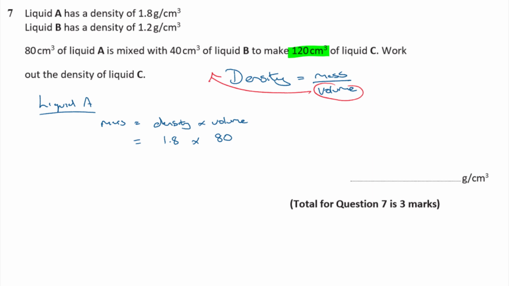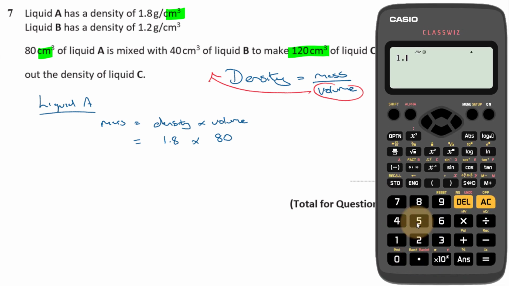The units match because I've got cubic centimeters there and cubic centimeters there, so that's all good. So 1.8 times 80 comes out to be 144, and that's going to be 144 grams. Okay, so I've got the mass of liquid A.